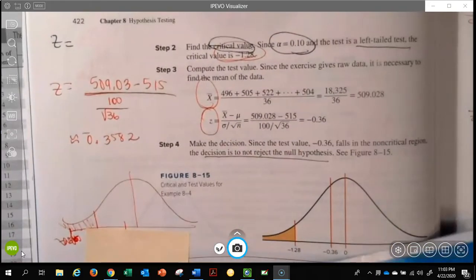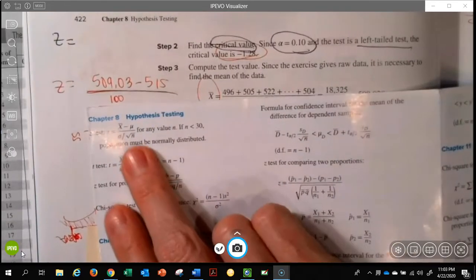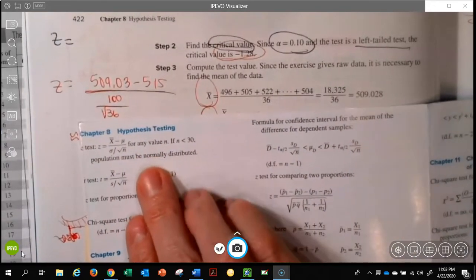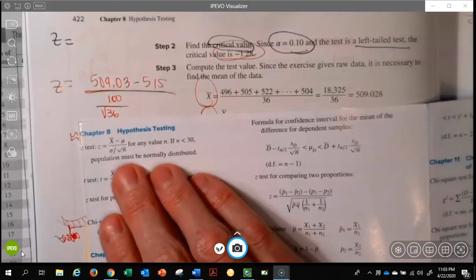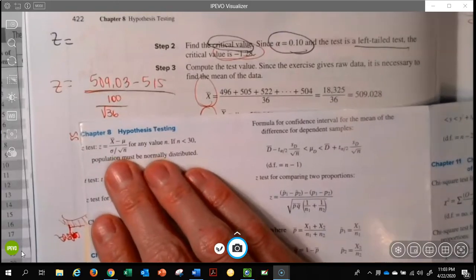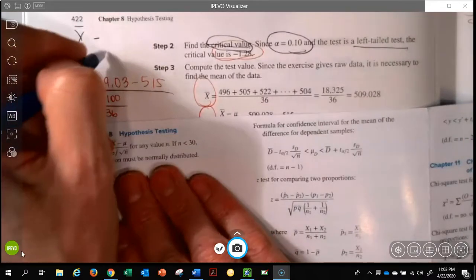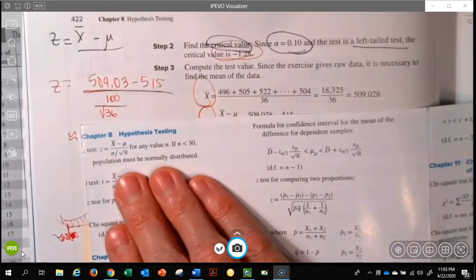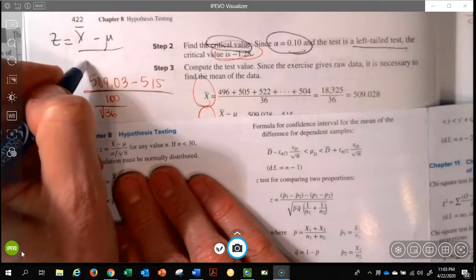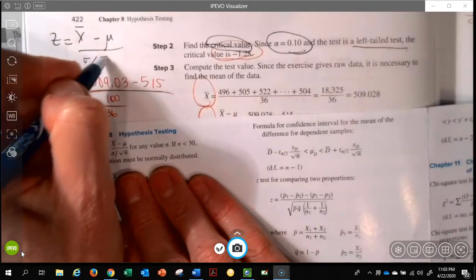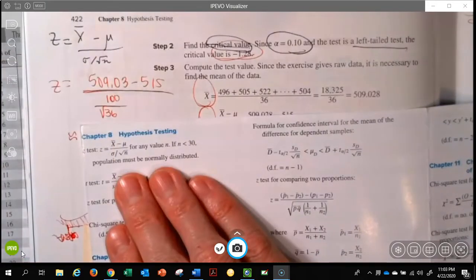Because we do have our population standard deviation, I'm going to use a z-test. I need x bar minus my population mean, and I need sigma divided by the square root of n.